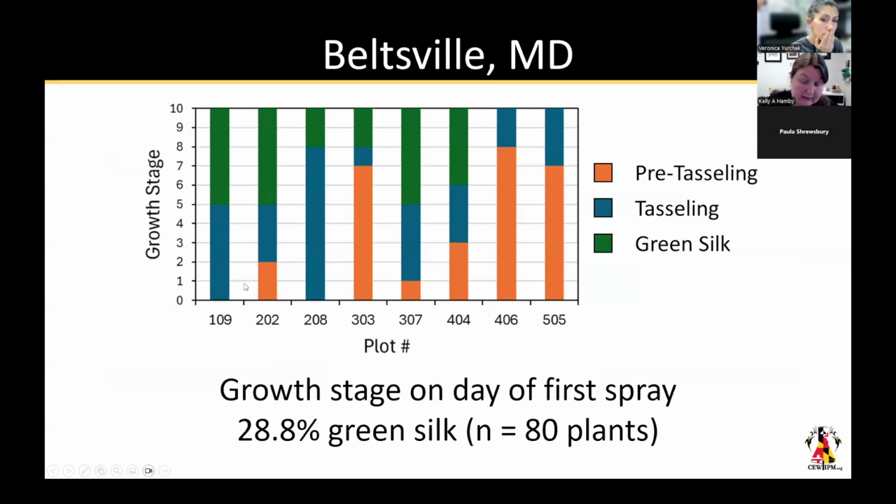So right away you can see there was a lot of variability in the silking across my field, where I had some plots that had no green silk at all, whereas I had some plots that were already 50% silking. So on average, across all of my 80 plants that I sampled, I had about 28.8% green silk when I started spraying. So I probably got out there a little bit late.